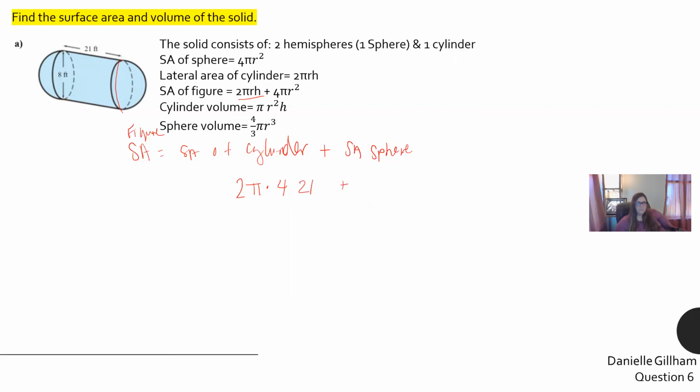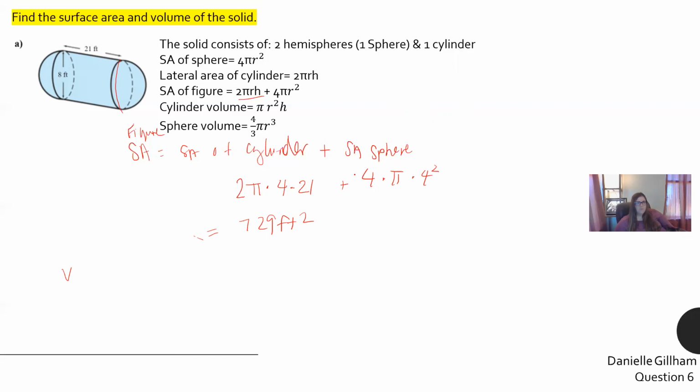And then plus surface area of a sphere, which is 4 times pi times radius squared. We already discovered our radius is 4. So that's going to be 729 feet squared.